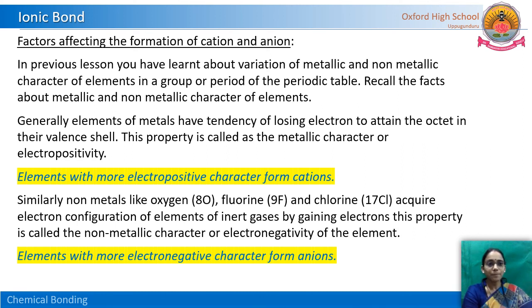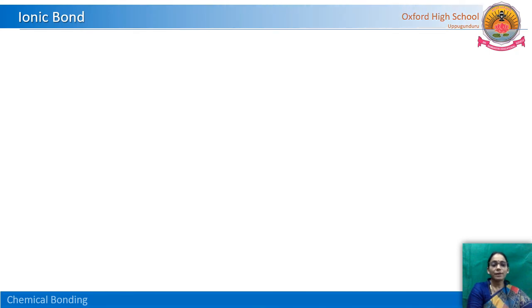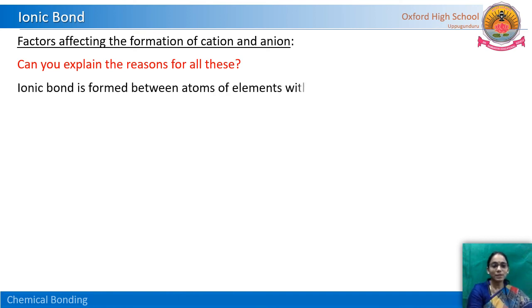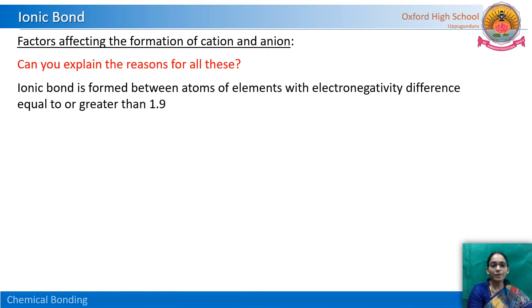Let us see. The factors are very simple and easy. We have studied about these factors in the previous lesson, classification of elements in the periodic table. If you remember all the factors and conditions, it is easy for you. First condition, can you guess what are the reasons here? The first condition: ionic bond is formed between the atoms of elements with electronegativity difference equal to or greater than 1.9.